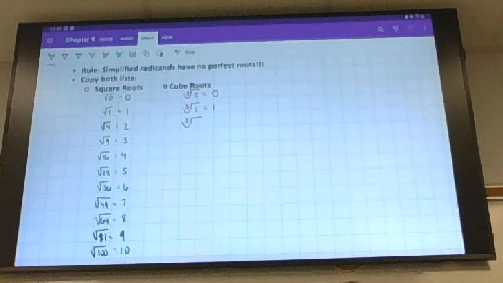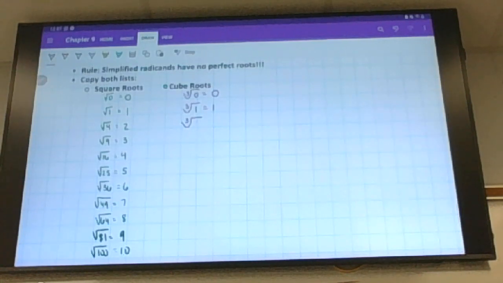This button will do like 3 to the 3rd. Look it up. Perfect cubes.